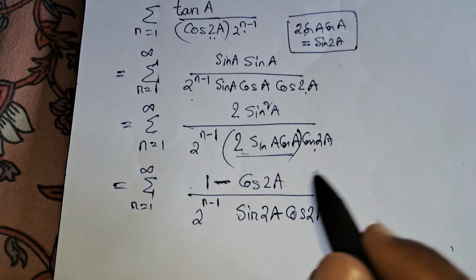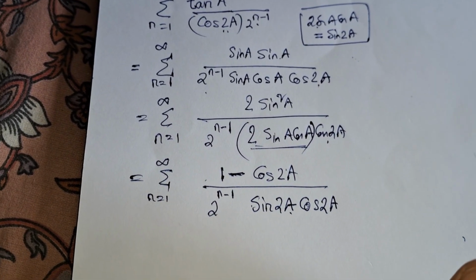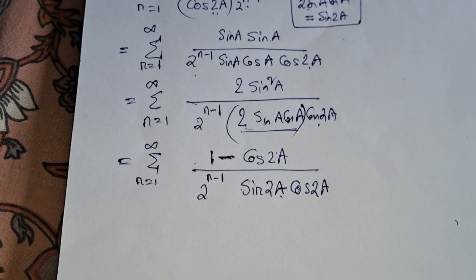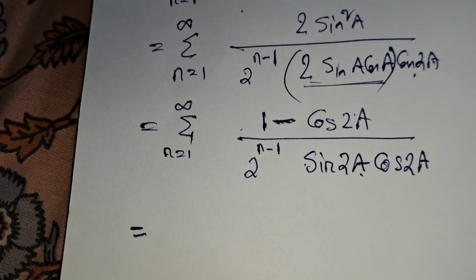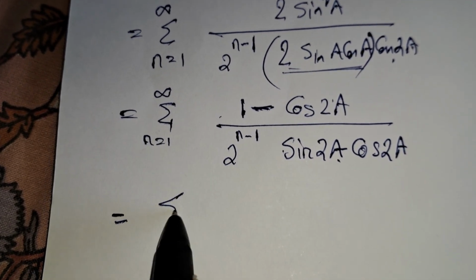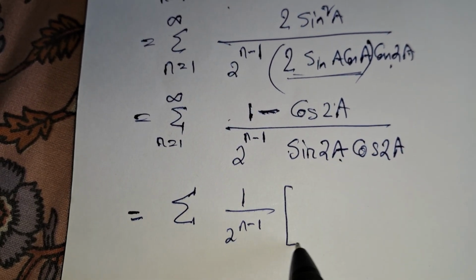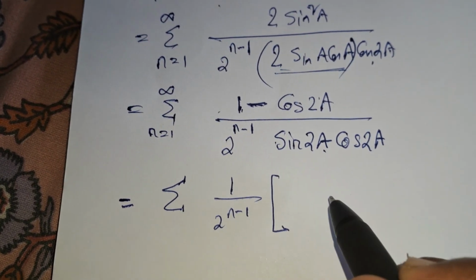Now what you can do, you can split this by this by this. Now what to do? Summation 1 by 2 to the power n minus 1, 1 by this and cos 2a by this.